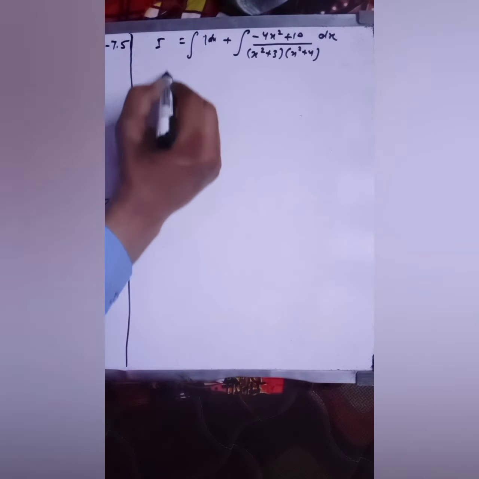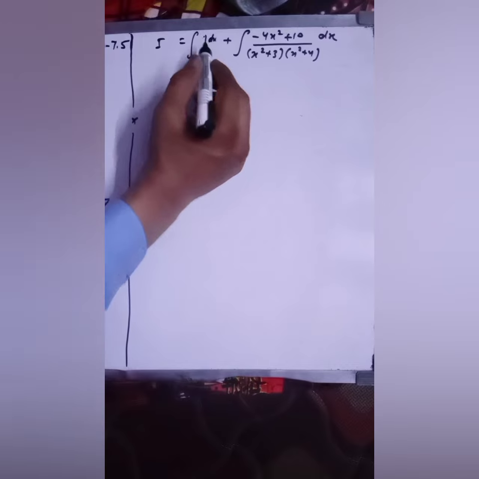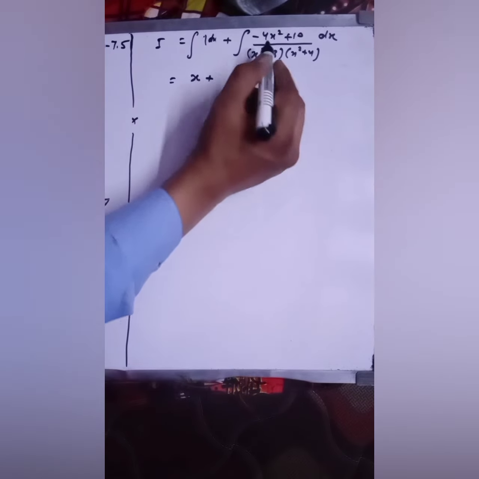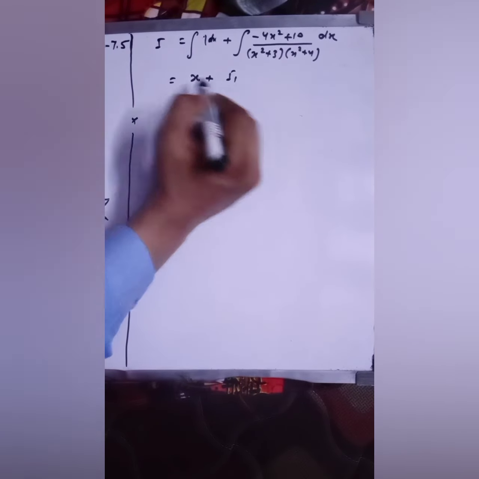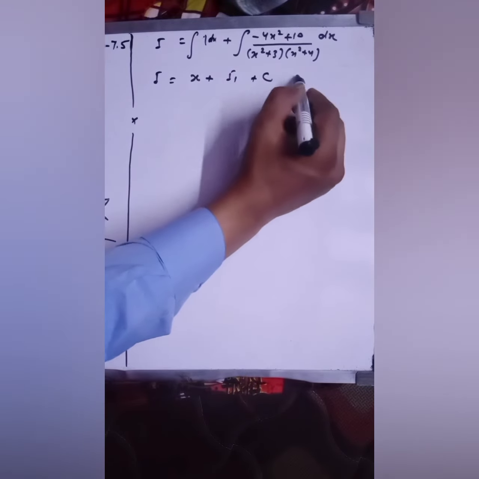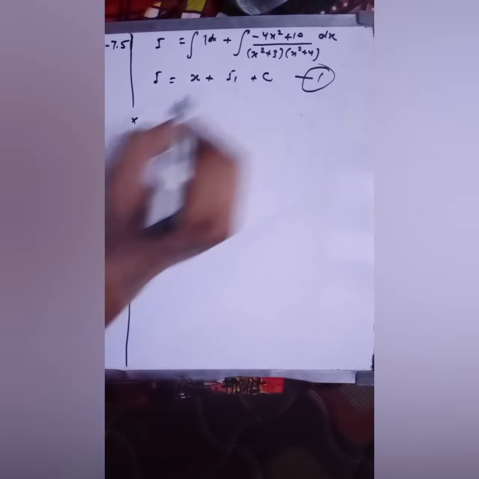Got it? And this is your I. So when you find the integral, you will get x only plus this I1, and this is your equation number 1.